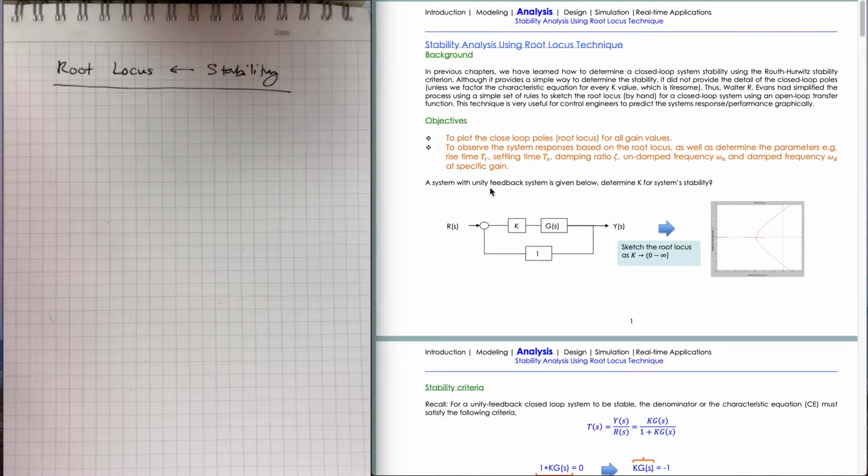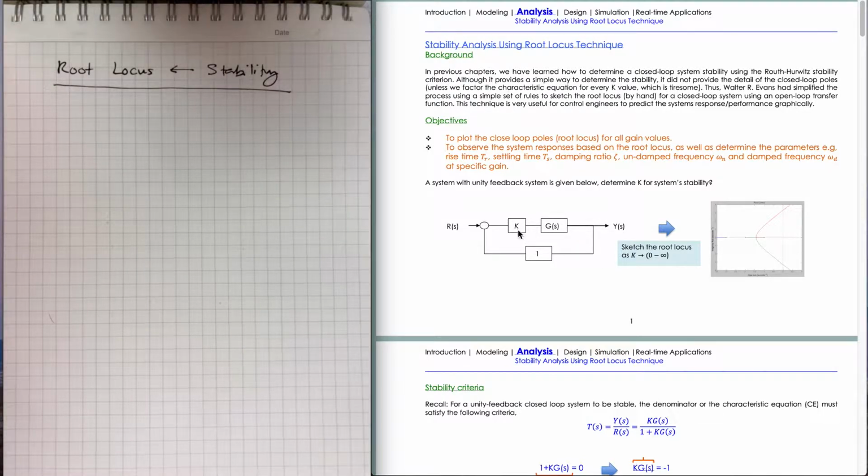I think you should be familiar with this already. We have input, output, and this is the standard control block diagram, with K, the open loop transfer function, and feedback. From here we should be able to see the roots of the denominator of the transfer function as we increase the K value from 0 to infinity.